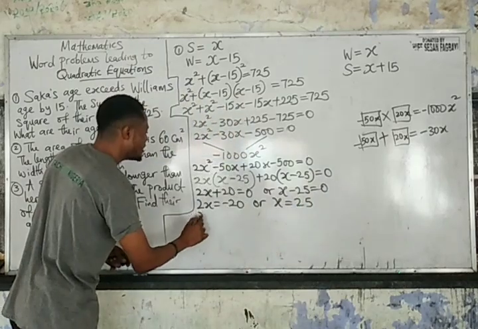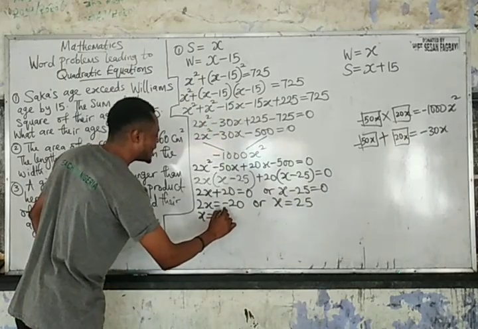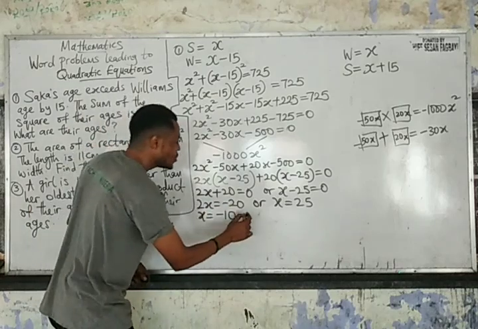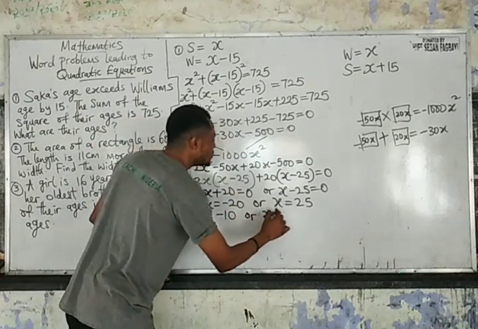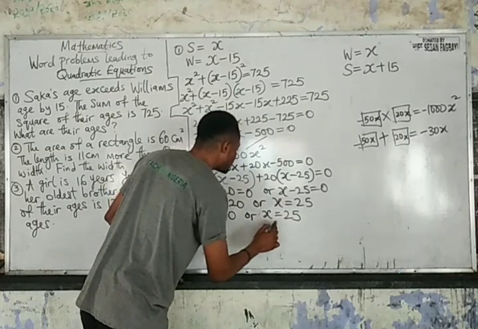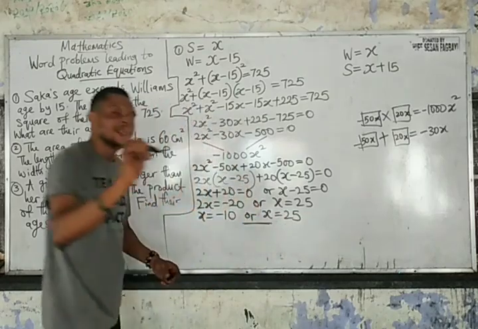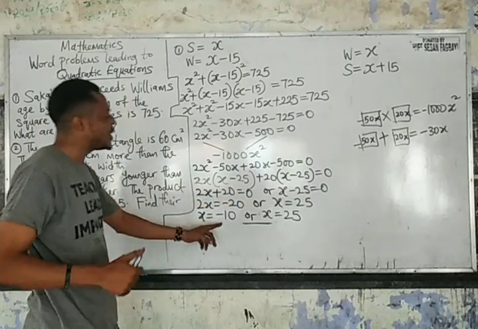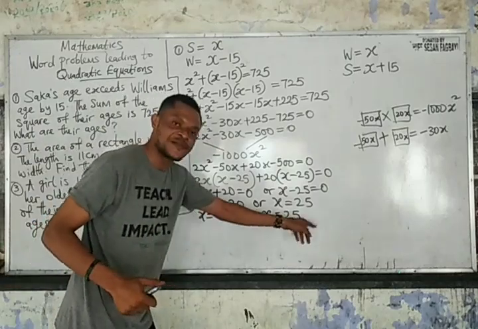So by the time you find x here, x is going to result to minus 10, because 20 divided by 2, minus 10, or x to be equal to 25. Easy. Not only that, we have only found x to be either minus 10 or 25.